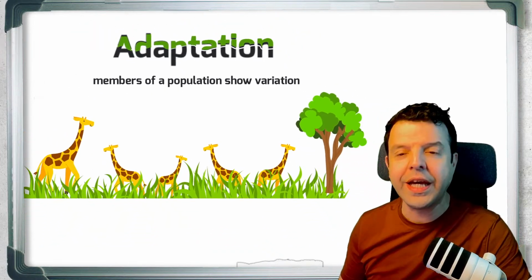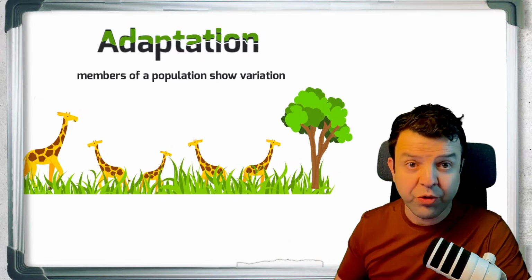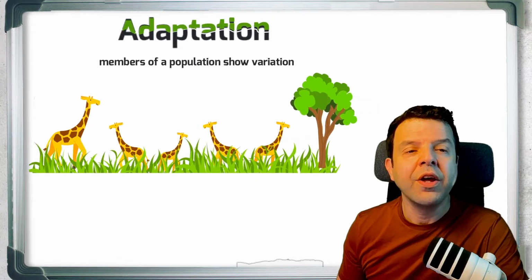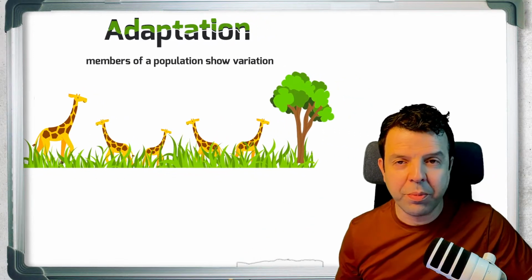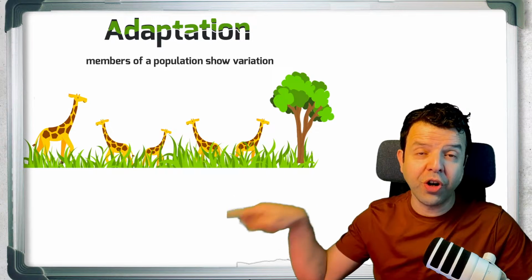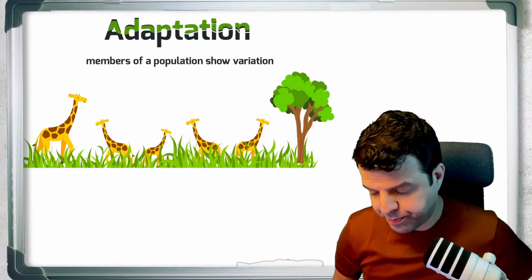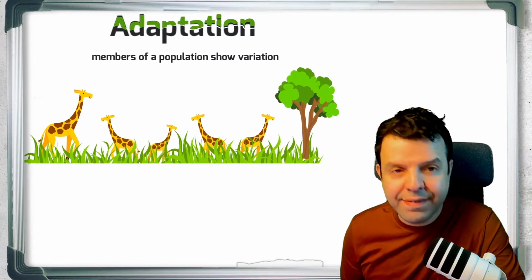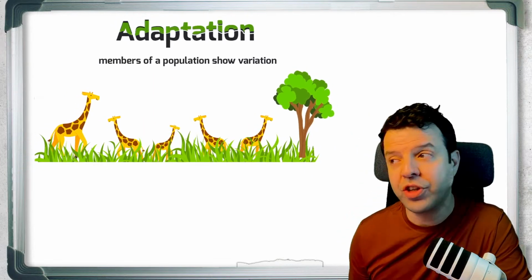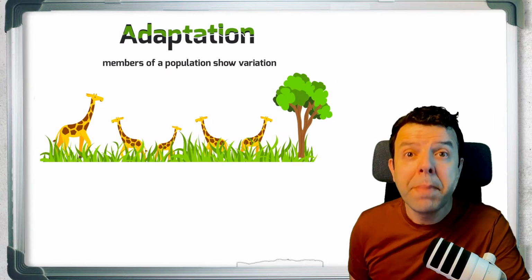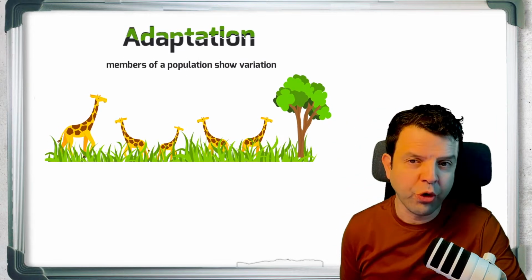Now, that's the initial case. Usually, always, there is variation among members of the same species, and usually the environment puts pressure on individuals. What do I mean by pressure? I mean the environment tests to see which individuals are better adapted, better suited to survive.